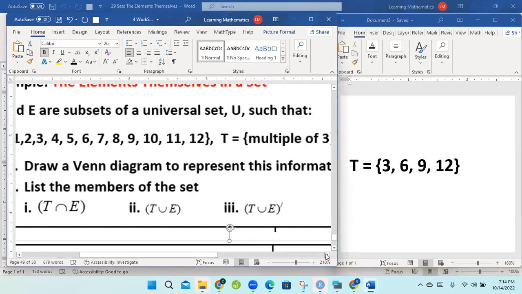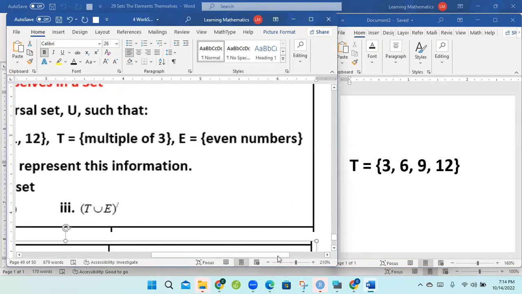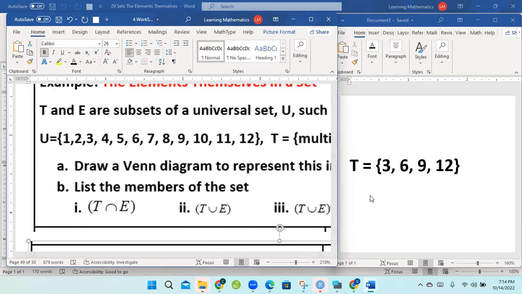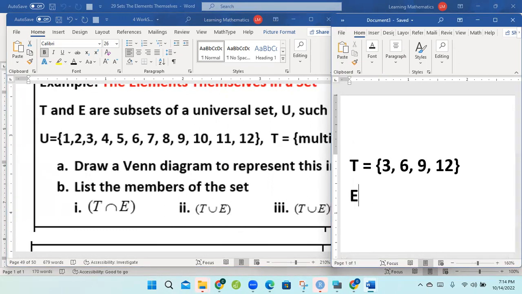Now, E is for even numbers. In that universal set, we identify the even numbers. 2 is the first even number, followed by 4, 6, 8, 10, and 12.